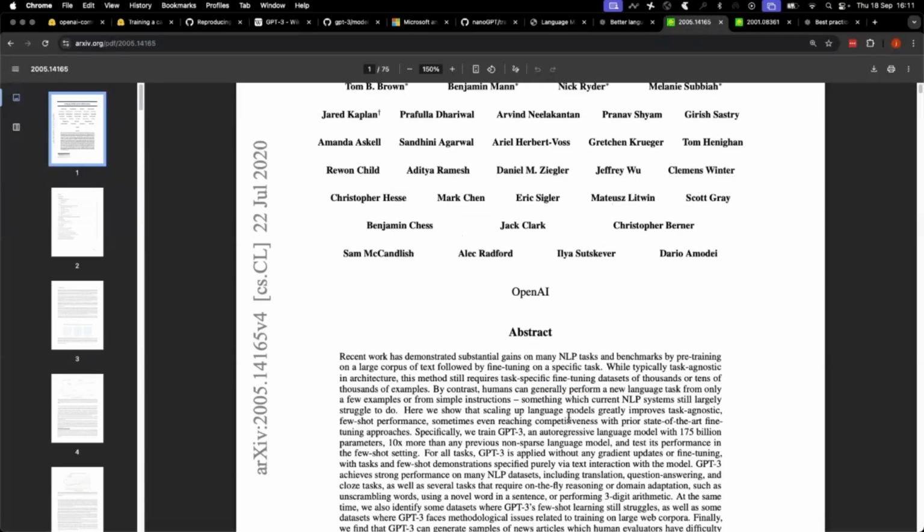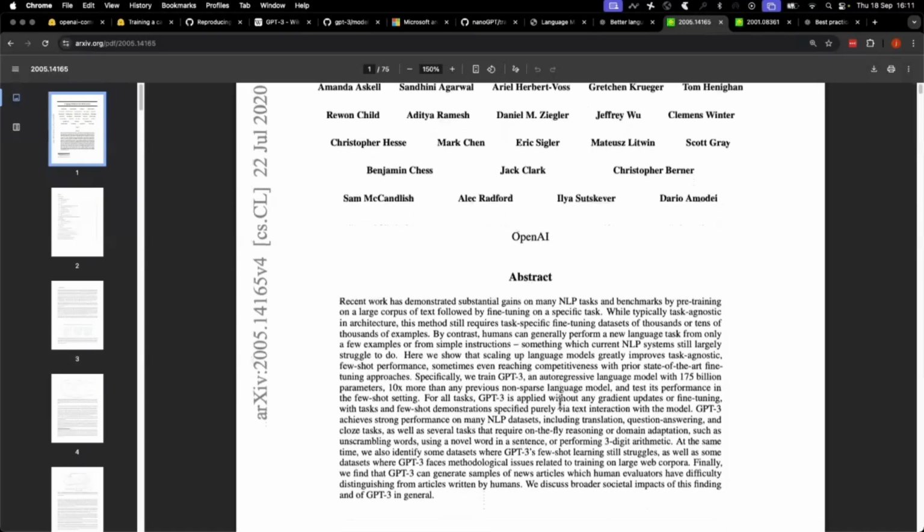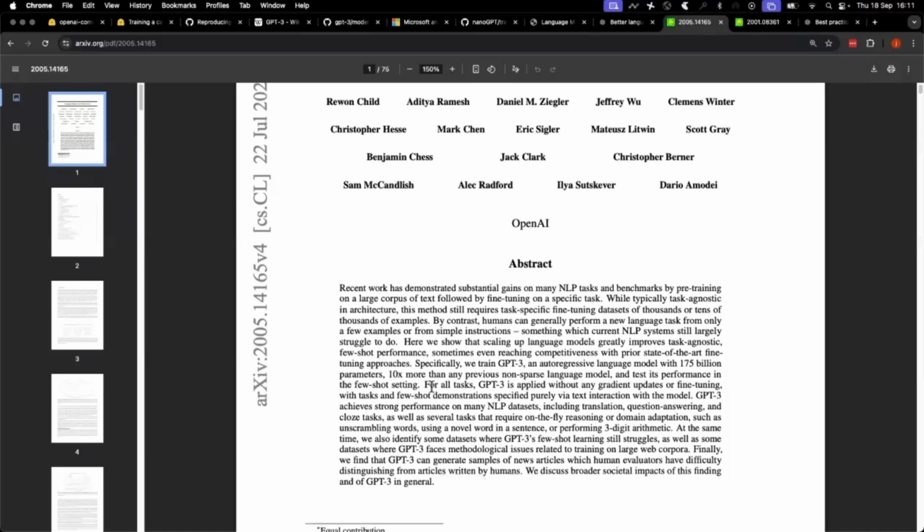In this page, it also mentioned a few other things. For example, for all tasks, GPT-3 did not do any fine-tuning. They simply do this few-shot prompt, and then they achieve very strong performance on different natural language processing datasets, which is very impressive.